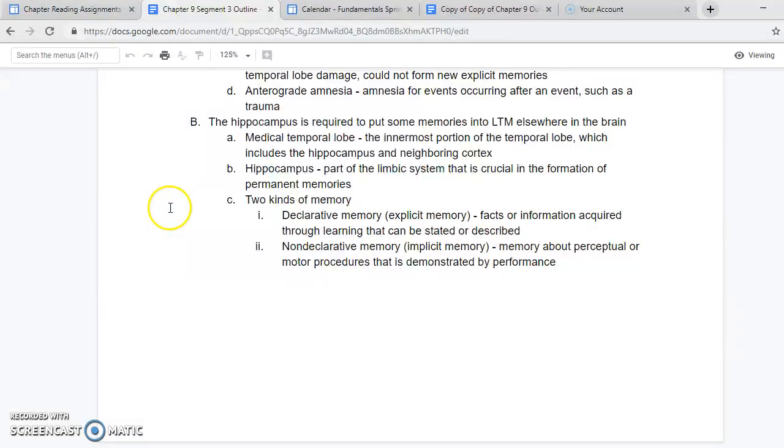The one thing that was surprising or different about Henry was that he was the first case that had the medial temporal lobe removed from both sides, and this leads into different types of memory between motor and verbal performance: declarative memory and non-declarative memory.